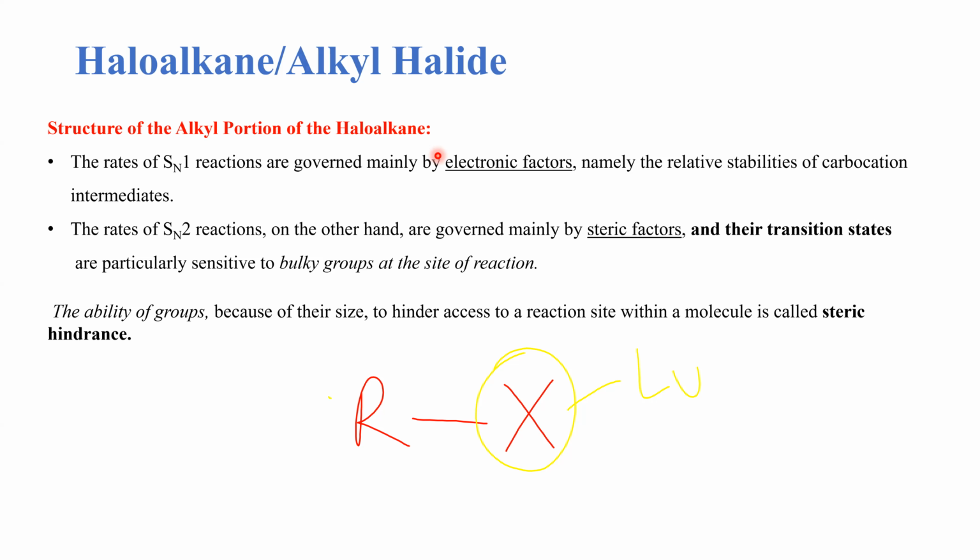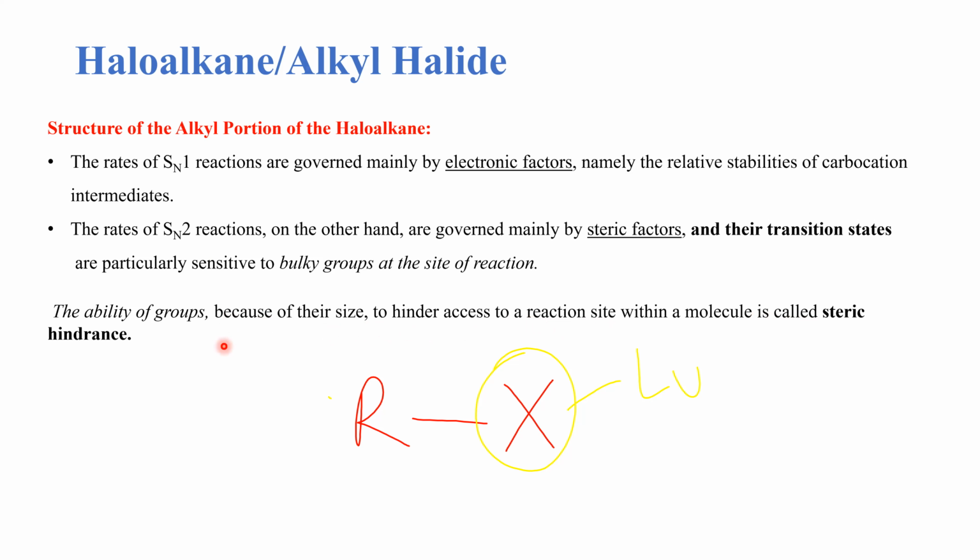While the rates of SN2 reactions, which are bimolecular, single step reactions, on the other hand, are governed mainly by a steric factor. The steric factor involves steric hindrance. Steric hindrance is the ability of groups, meaning atoms or groups of atoms, the functional groups, because of their size, to hinder access to a reaction site within a molecule.